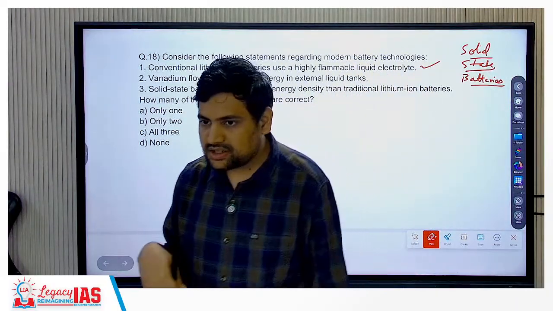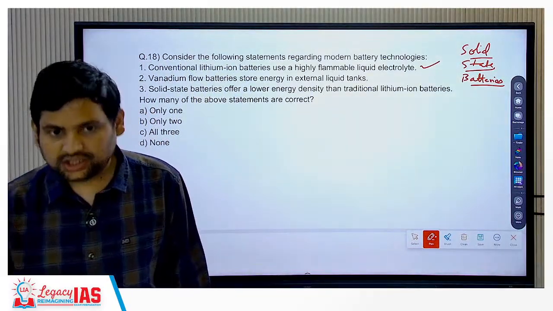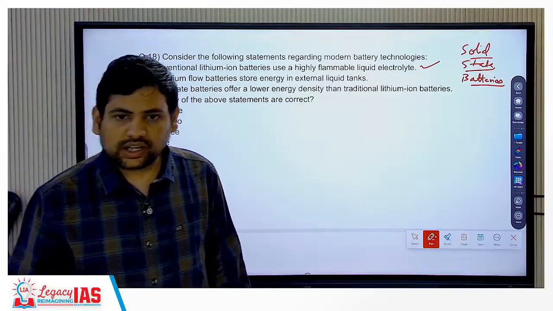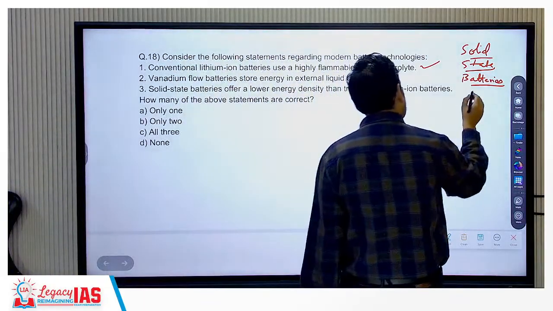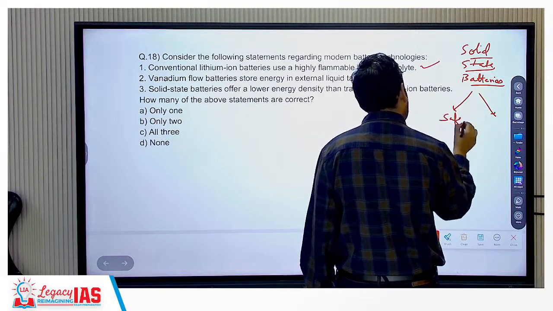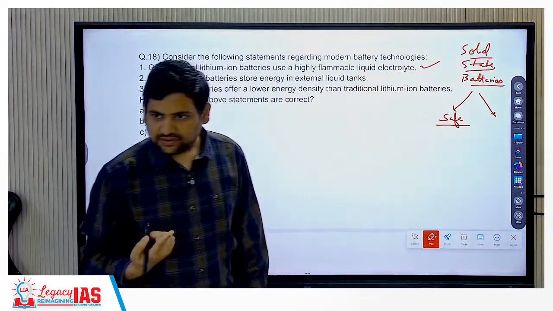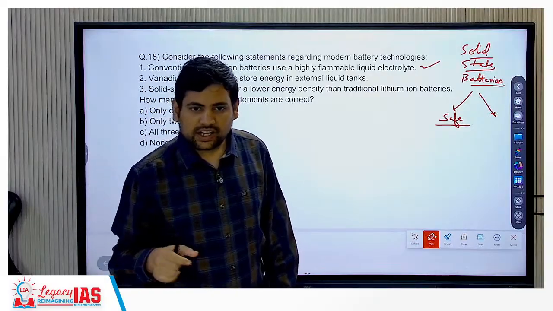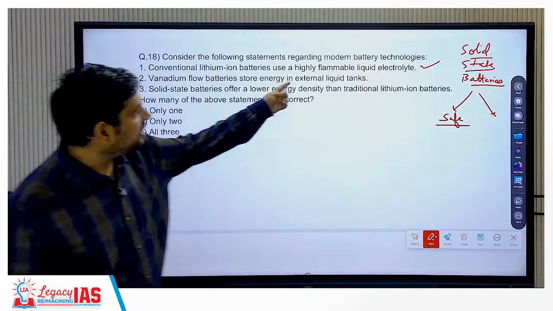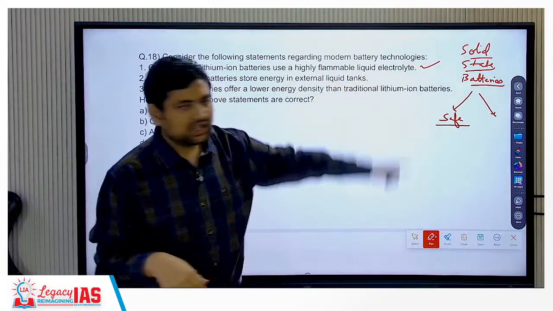Why were solid state batteries better? Because they had solid electrolyte. Correct. And why did we want to change to solid electrolyte? There were two reasons. One was that this is much more safe, correct? Because there is no chance of fire in this. Why were there chances of fire? Because conventional lithium ion batteries have flammable liquid electrolytes.